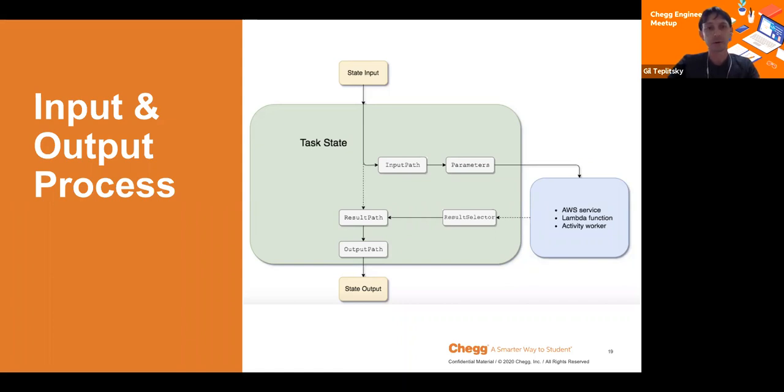Next, we take the parameters, which is just a definition in a different way of how the input of that service looks like. It takes the output and puts it through result selector, which is selecting a part of the result of the service, passes it on to the result path, which is selecting where we want to put this result, and the output is just deciding on how the state will look like after it's completed.